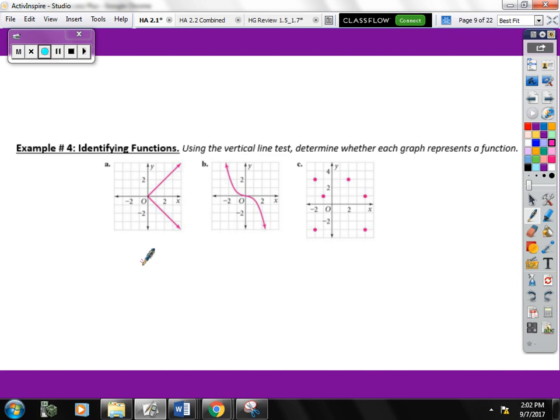A? No. Good. B? C? It is a no. So it fails right there because it hits 2 points, and it also fails right there. But it only has to fail 1 time for it to fail.